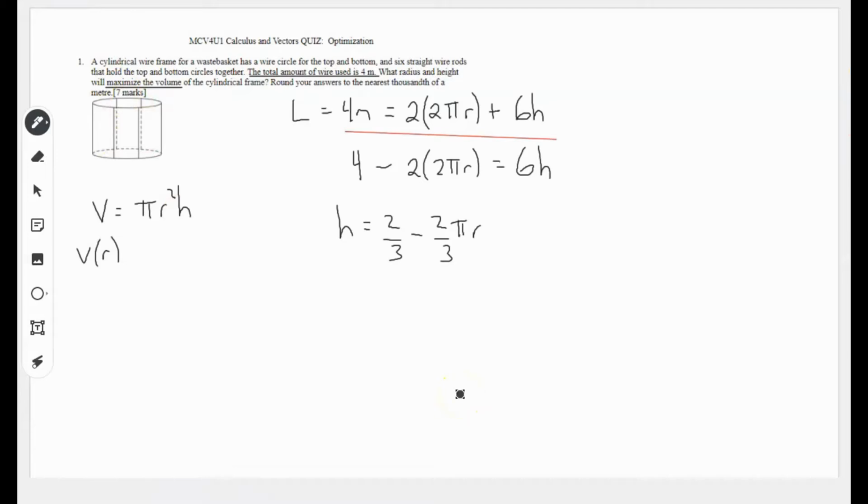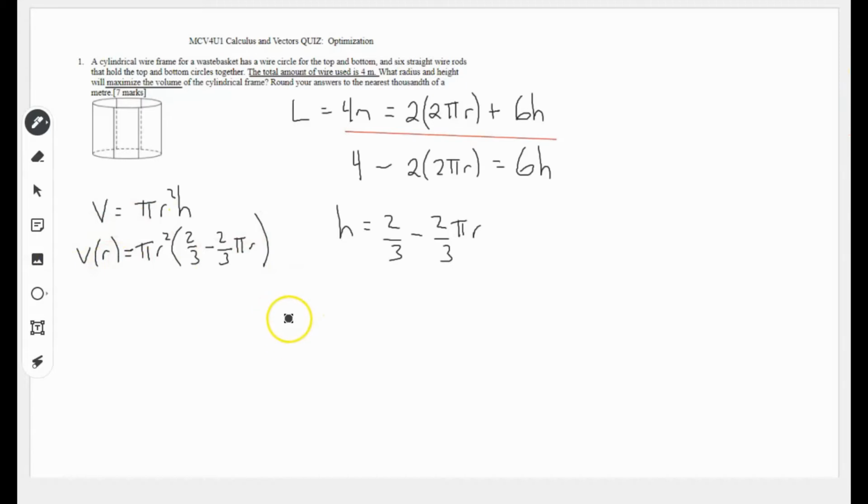Alright, so now that I have h with respect to r, I can substitute that back into our volume. So we have pi r squared times h, which is 2/3 minus 2/3 pi r. So now I have volume as a function of r.